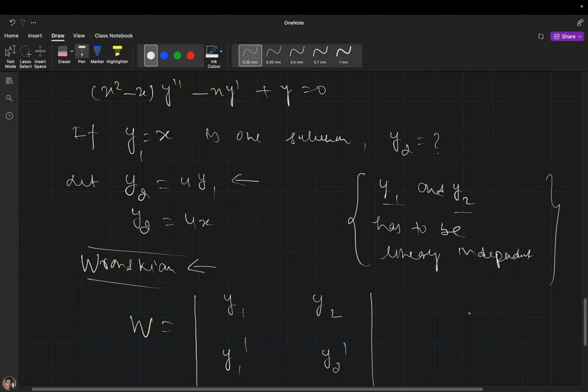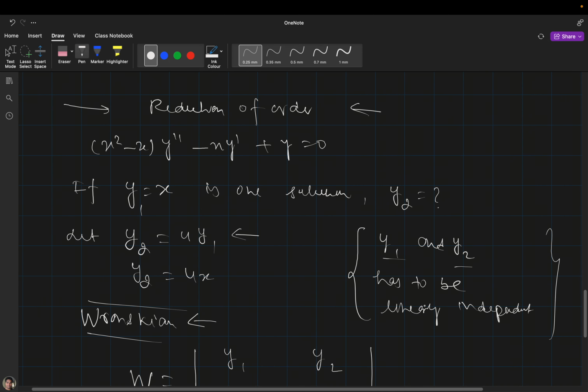So in a second order differential equation, there is a condition. If you have two solutions, both solutions have to be linearly independent, otherwise you have to find another solution. Here you can see that this is one solution of this differential equation. Now I want to know what the other solution is, because it's a second order differential equation, which means that it has two solutions, and both solutions can be written as a linear combination.